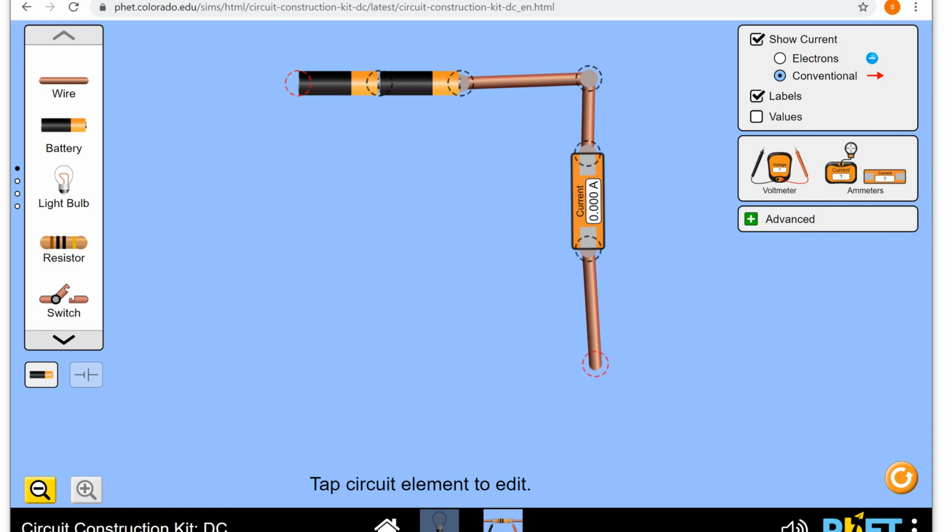Notice that the current reading is 0 at the moment, the circuit is incomplete, 0.00 amps, put our bulb in, put our wire in.